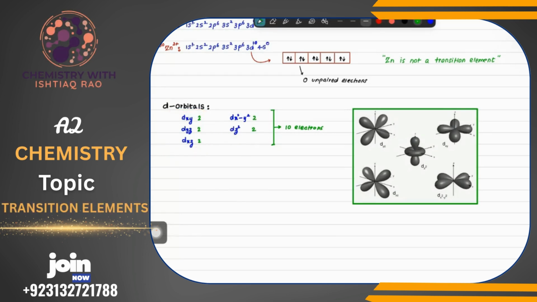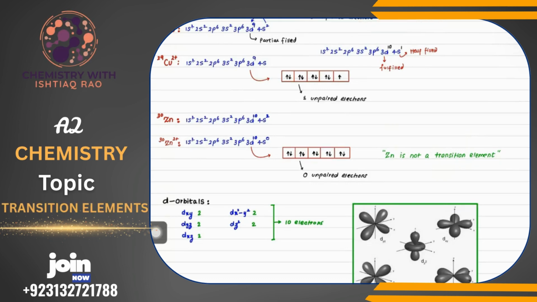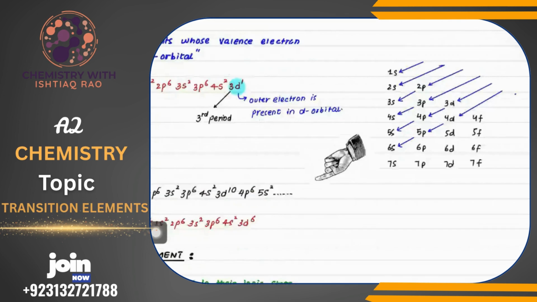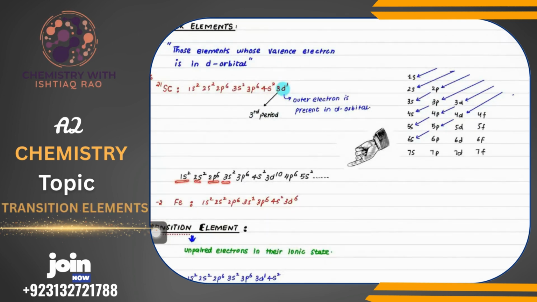But right now, I will tell you why I did this. In the original configuration, you can see 1s2, 2s2, 2p6, 3s2, 3p6, 4s2, and 3d10. I'm looking at this table, that's why I did this.